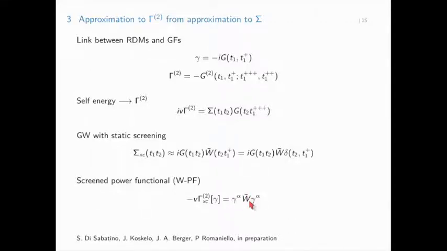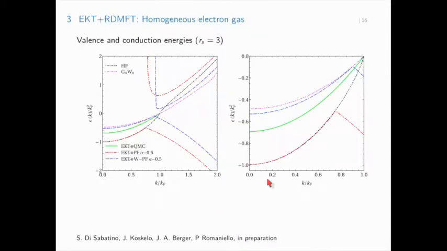So what can we obtain with this kind of approximation for the homogeneous electron gas? These are the results. You see in blue, the EKT combined with the WPF with alpha equal to 0.5. So we tend to close the band gap. But the interesting point is that for the valence, here we obtain a result which is quite close to the GW result.